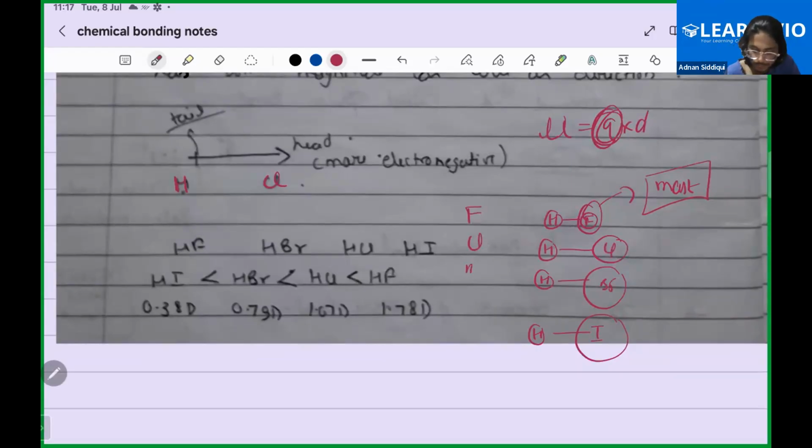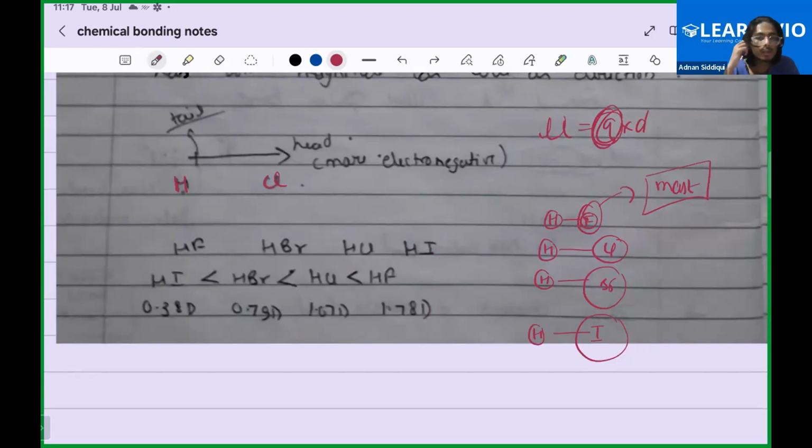Now it is correct. Which one is wrong? Just look at that one. HI is the least. HI is less than HBr, yes, because iodine has even less electronegativity.